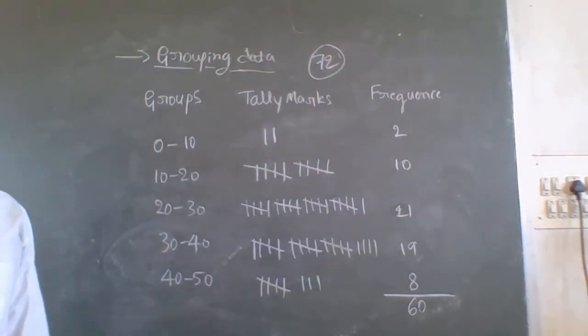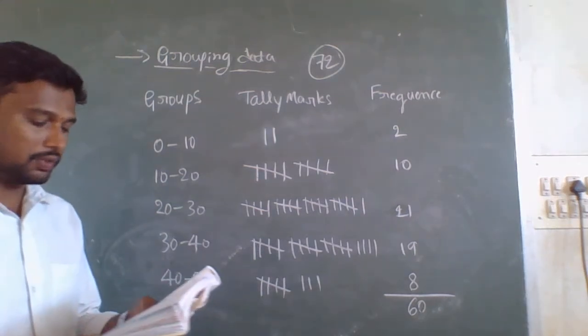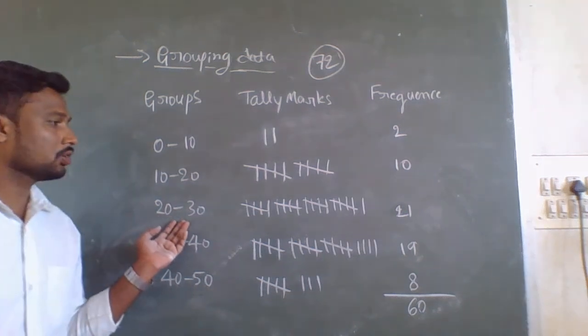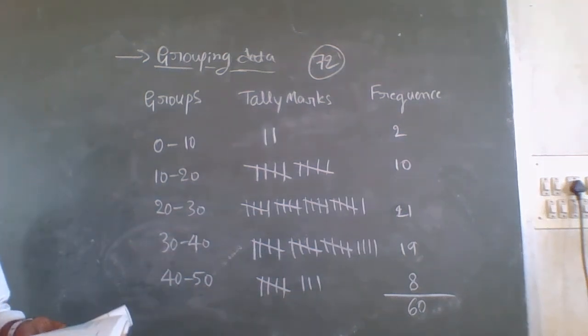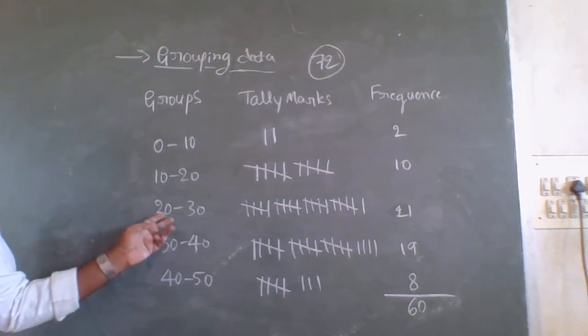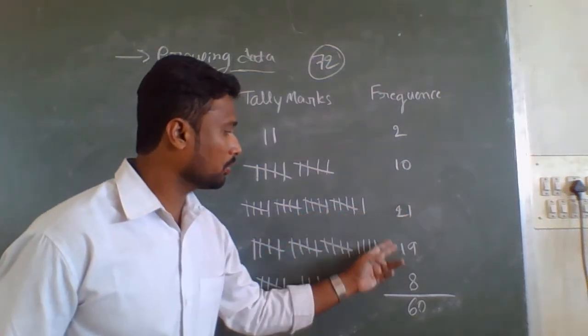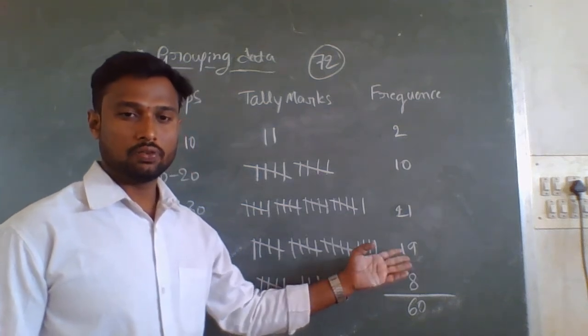Now most of the students have scored between 20 to 40. By observing this, we can tell that most of the students scored between 20 to 40. 20 to 40 means here it is 21 and here it is 19. 21 plus 19 is how much? 40.